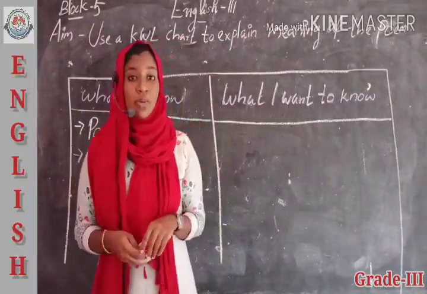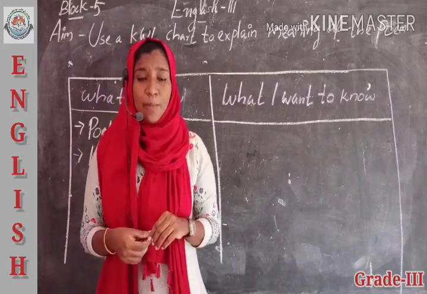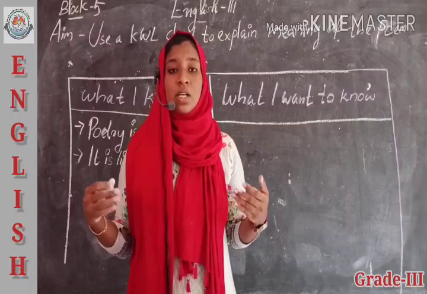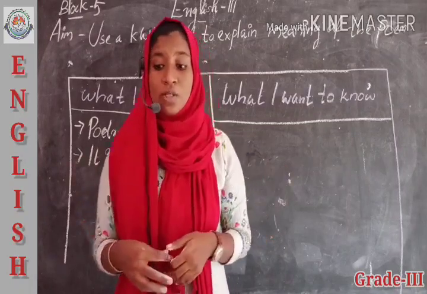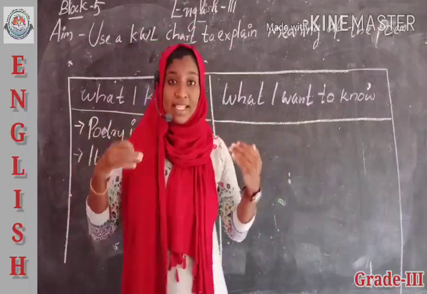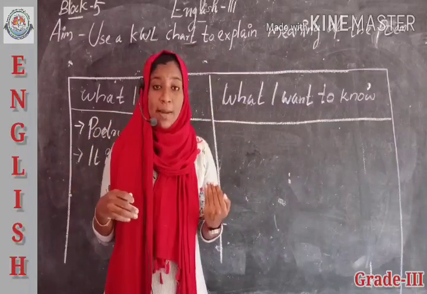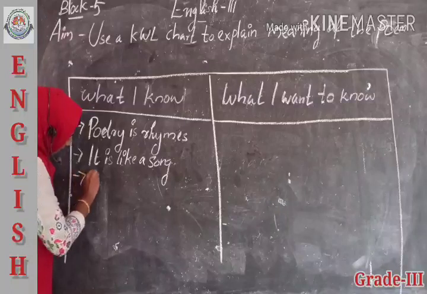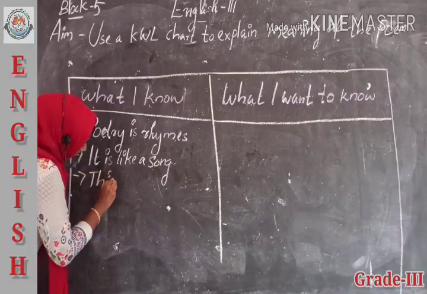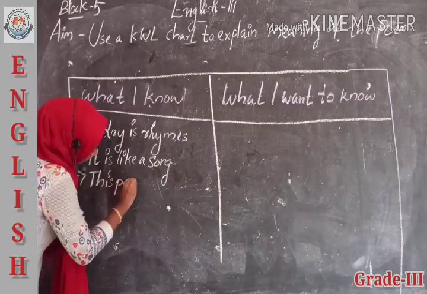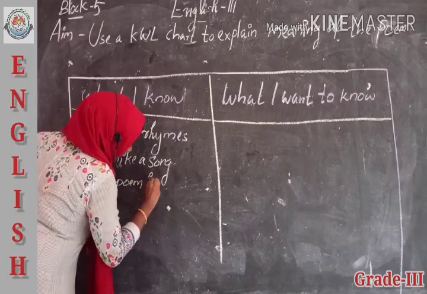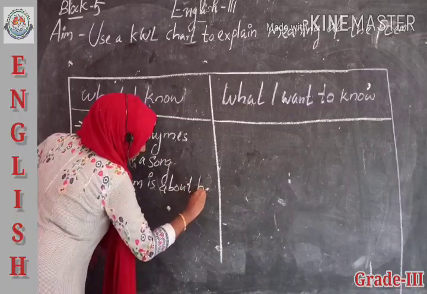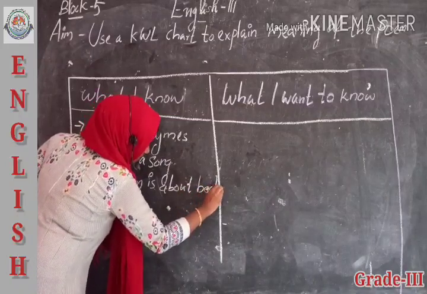And one thing also we know. Yes, the title of the poem. Let's just look at that. What is our title? Yes, Where Go the Birds. So from the title itself we know that this poem is about birds. So we can write, this poem is about birds.